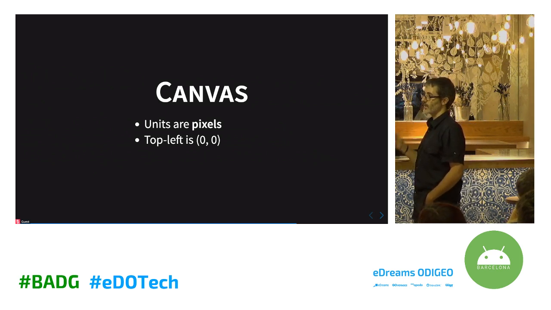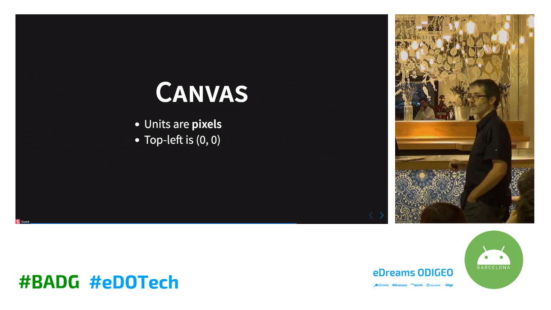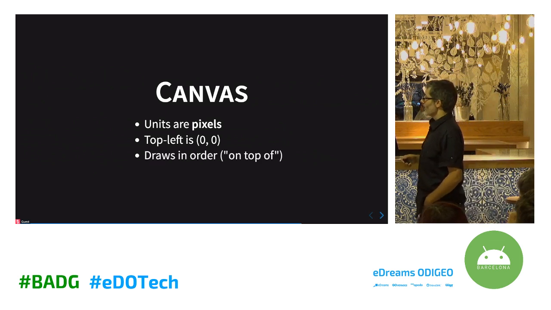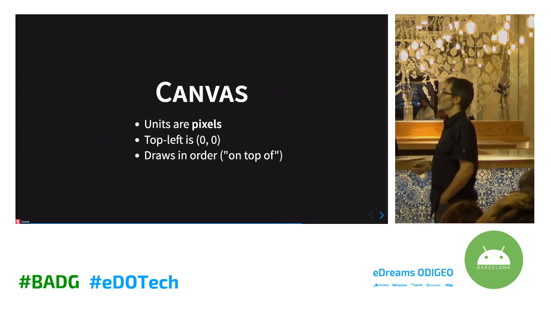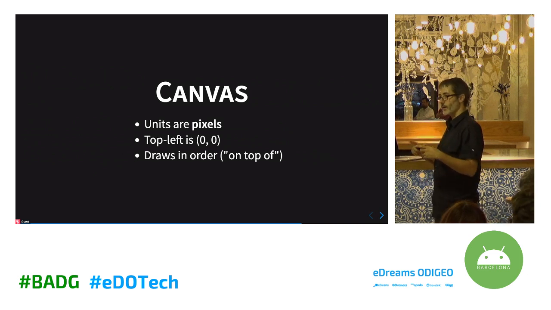So it's not mathematical axes, it's computer axes. Another important thing is draw commands are run one after another, like painting on a canvas. So if we draw a square and then a circle, the circle will be drawn on top of the square.